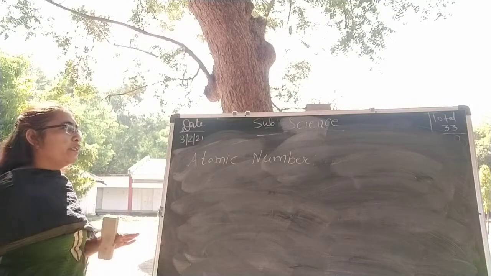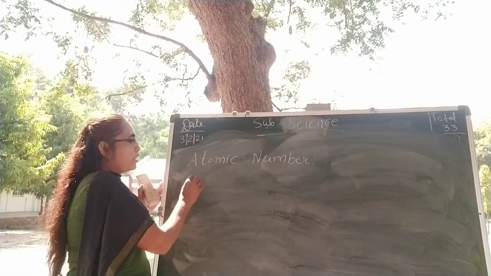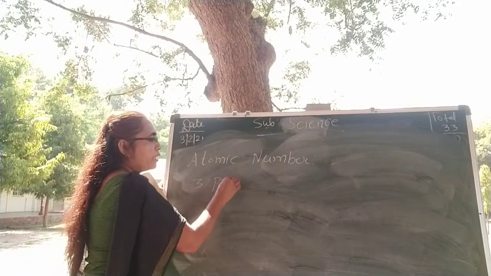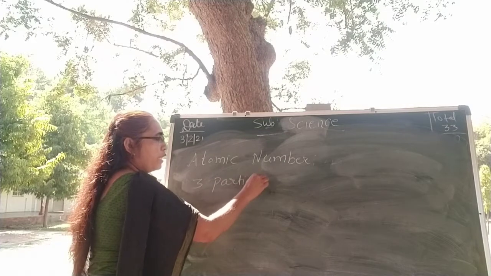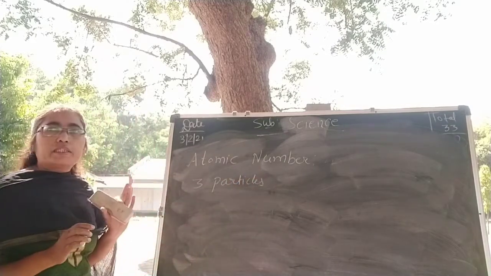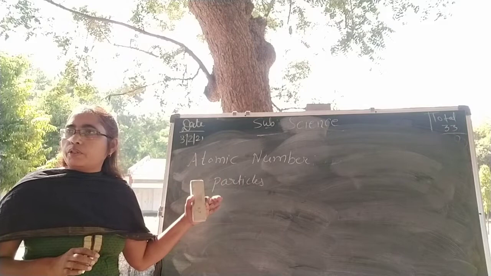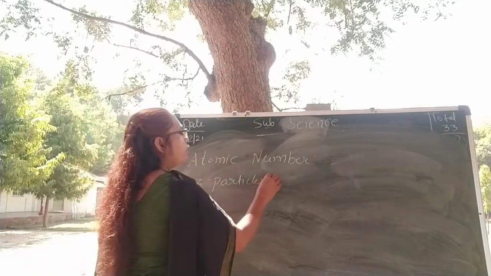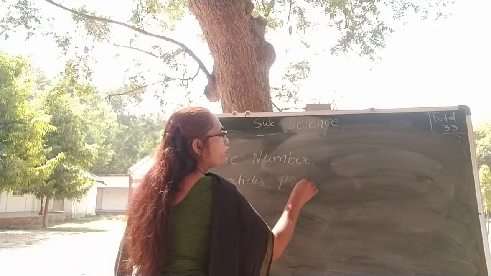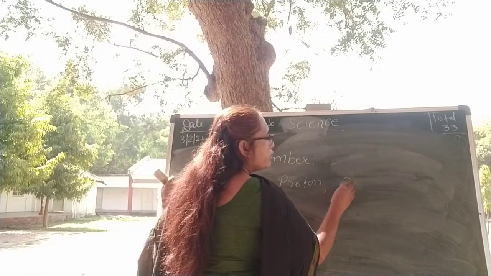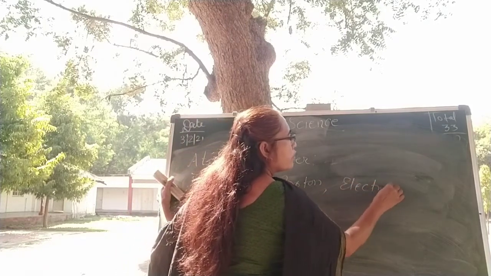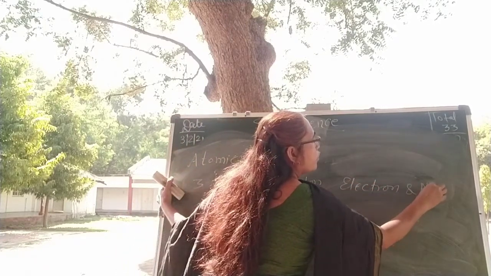You know that in an atom there are three types of particles. Though many are there, we are mainly discussing three important particles, and these particles are proton, electron and neutron.